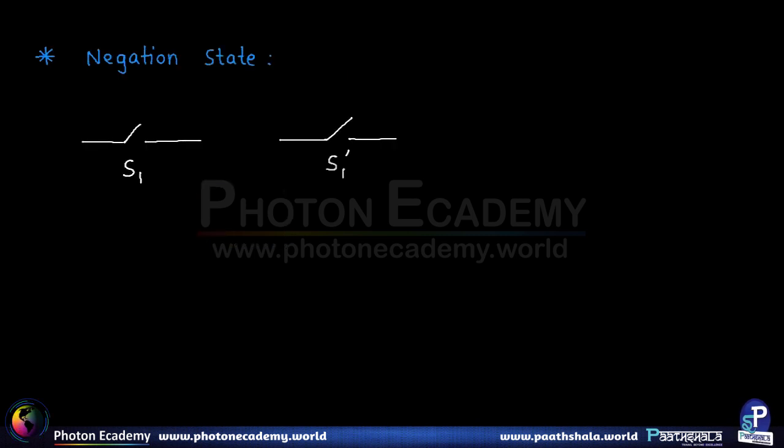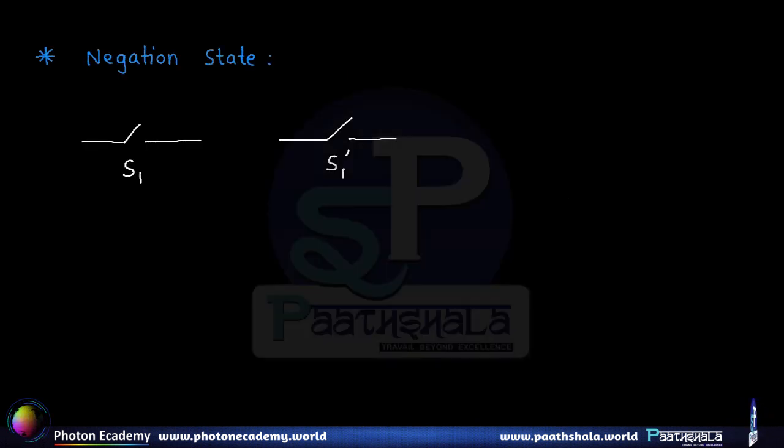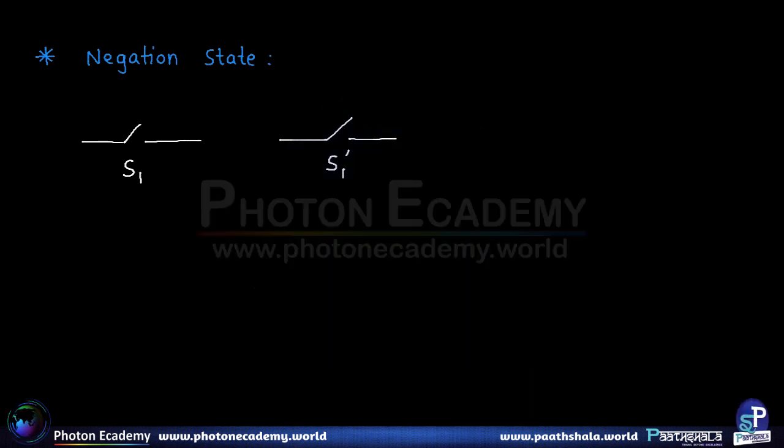Now let's see how does the negation look like in terms of switches. So we use the symbols as shown here. That is, when S1 represents one switch, then S1 dash represents another switch which is in the opposite state of S1. So that means when S1 is closed, there might be some physical arrangement by which S1 dash will automatically be in the open state.